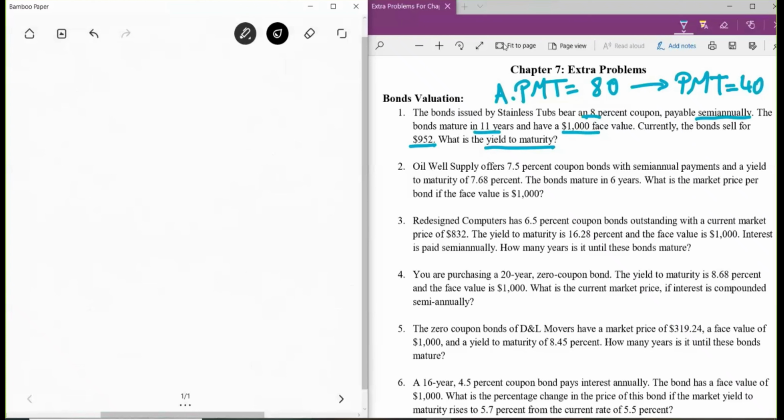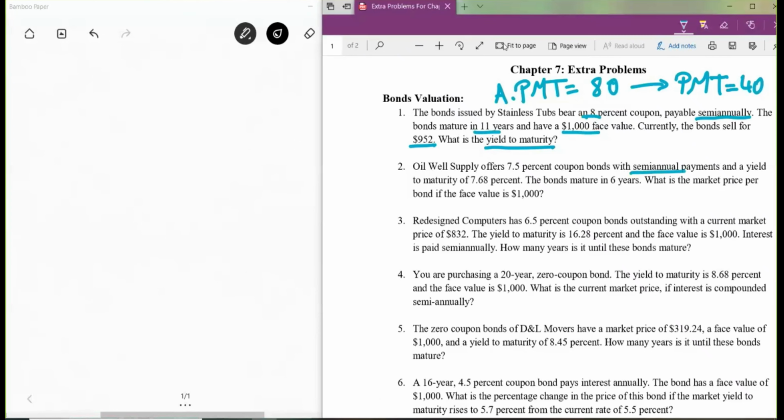Number 2, Oil Well Supply offers a 7.5% coupon bond, again with semi-annual payments. So the payment is 7.5% times 1,000, which is 75, divided by 2, it's 37.5.